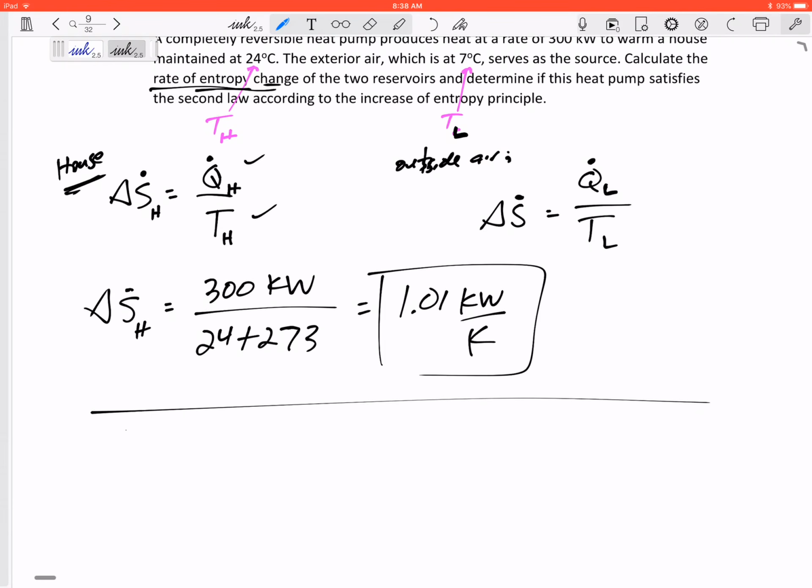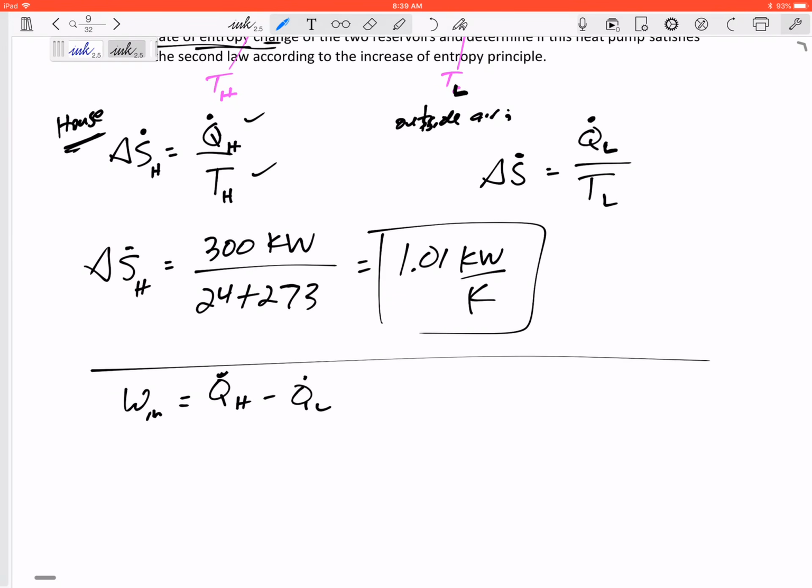We know that the work is QH minus QL, but we don't have the work. We know that the coefficient of performance of the heat pump is QH over work. We know QH, but we don't know work, and we're trying to find QL.